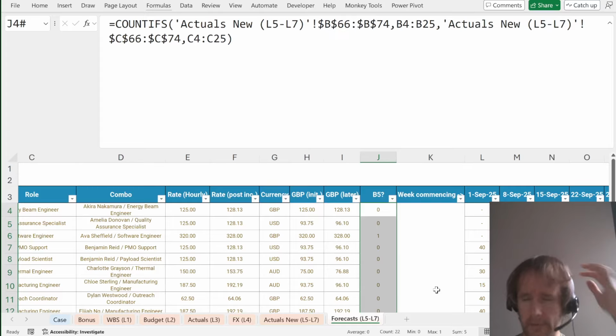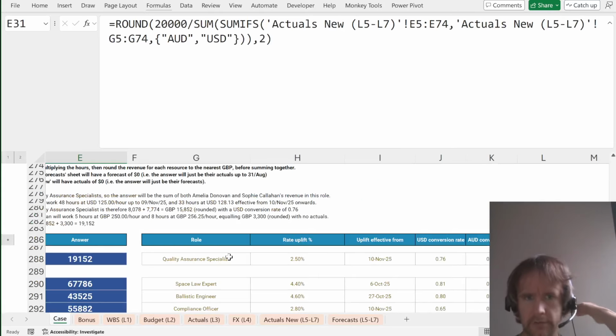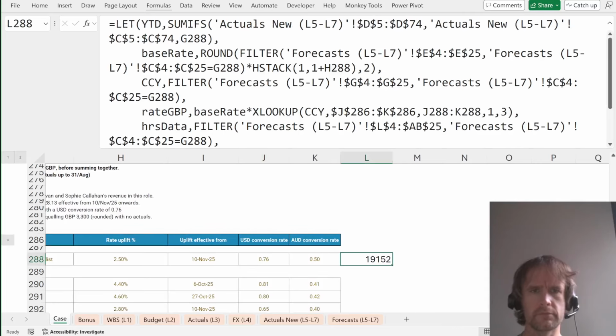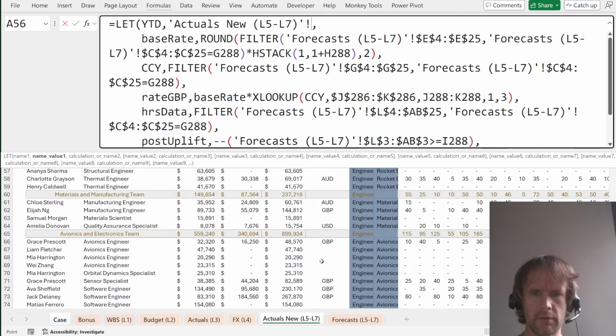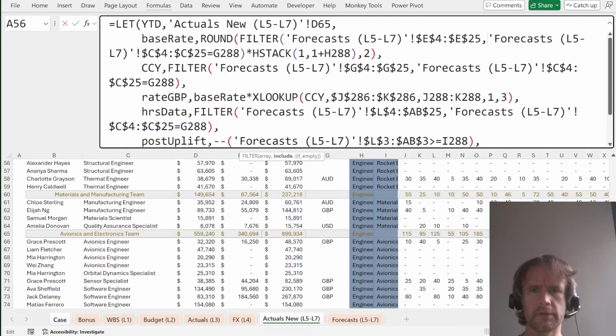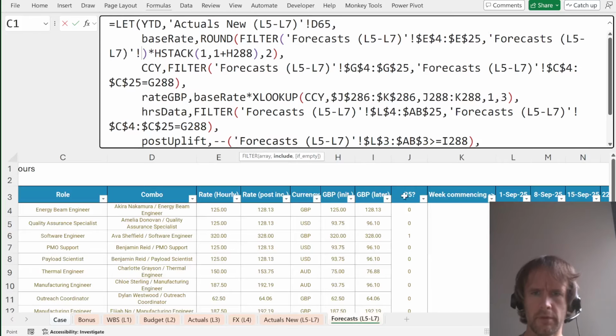Okay. So that's that, and then so YTD can just be this. And then all of these filters here can just become the B5 filter.